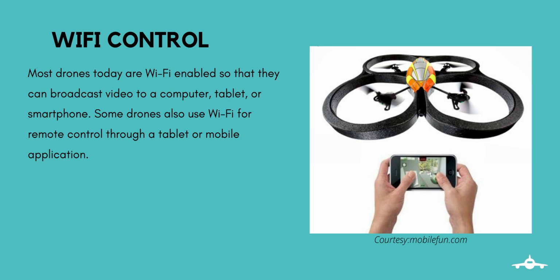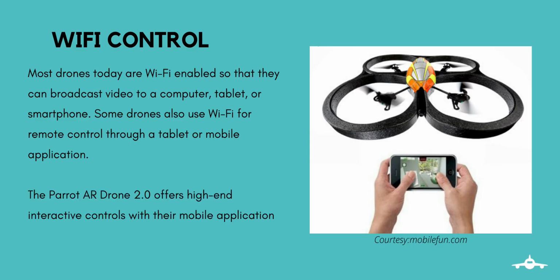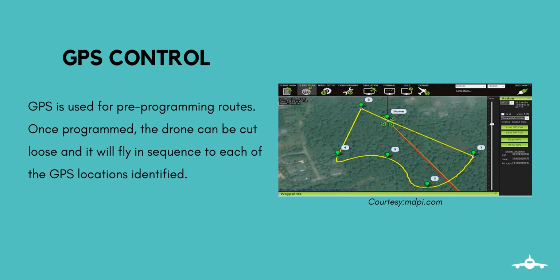Most drones today are Wi-Fi enabled so that they can broadcast video to a computer, tablet or smartphone. Some drones also use Wi-Fi for remote controlling through a tablet or mobile application. The Parrot AR Drone 2.0 offers high-end interactive controls with their mobile application that runs on an iPhone or iPad.